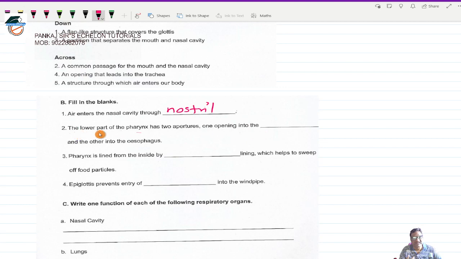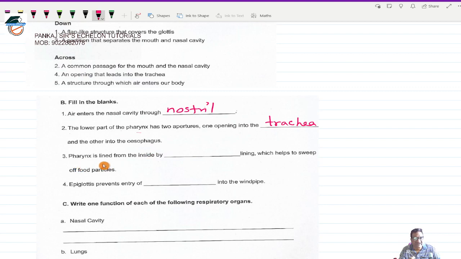So the answer for this question is one opening into the trachea. You can write windpipe, but it's better if you write trachea. Trachea is a pipe through which the air is going to pass, and the other one is known as esophagus, also known as food pipe. So that is the answer for this.